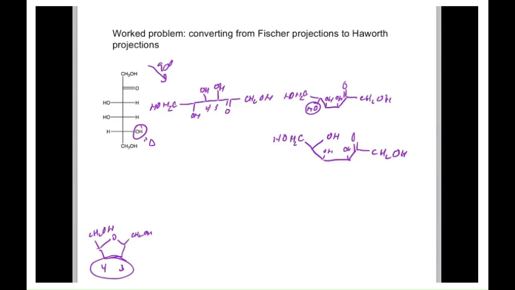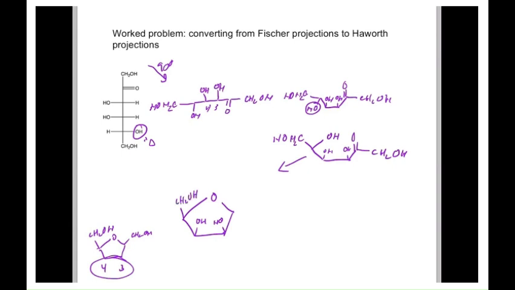And now we'll do our attack, form the ring, and once again, we're going to have two potential possibilities. We can form an alpha anomer or a beta anomer. So in both cases, the hydroxyl groups at carbons 3 and 4 are going to be pointing up.